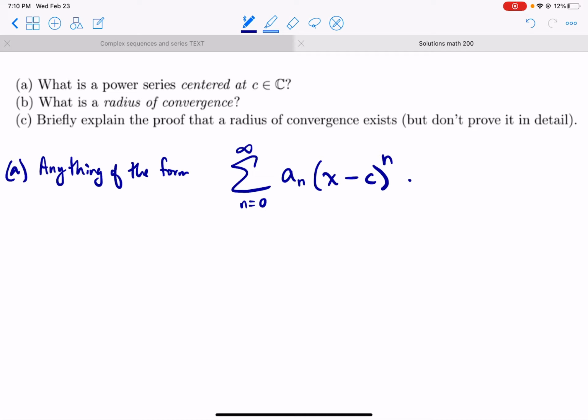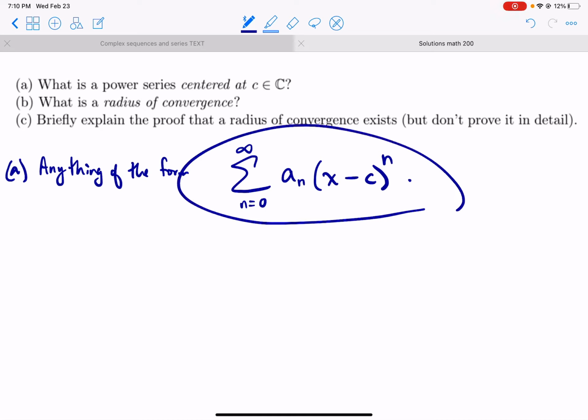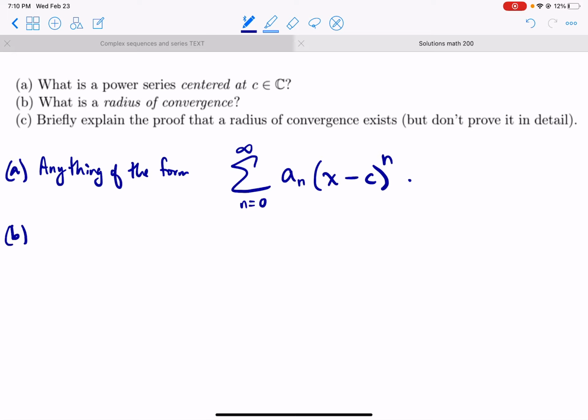A. What is a power series? Anything of the form like that. B. What is a radius of convergence?